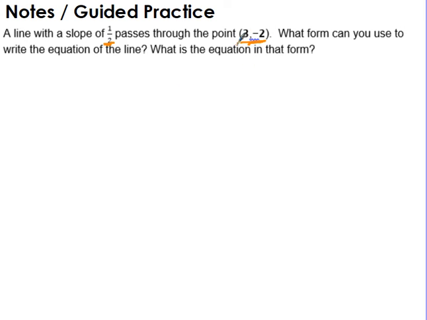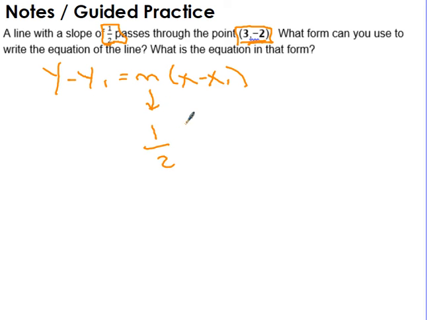Because I'm given a point and I am given a slope, I can use point slope formula. What I do is I plug in that point and the slope into the formula. That means my slope is 1/2, so I'm going to plug in 1/2 for the slope.